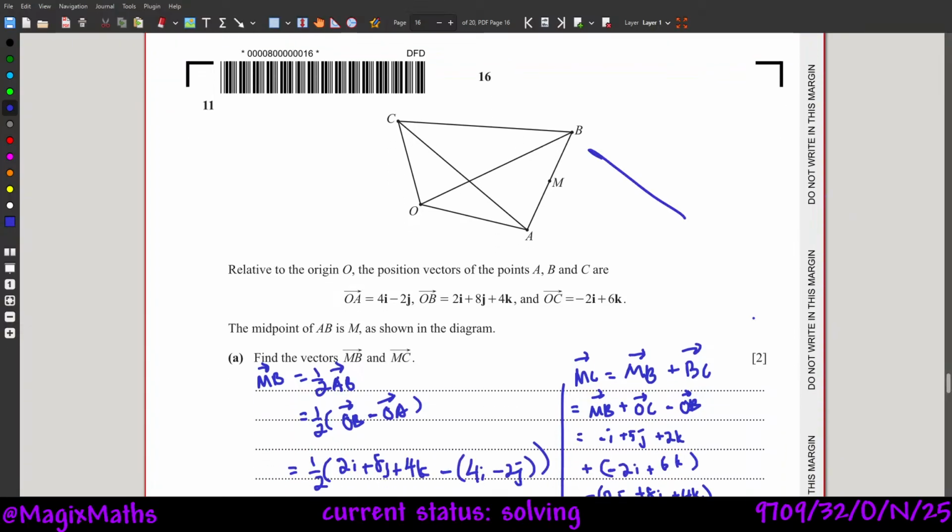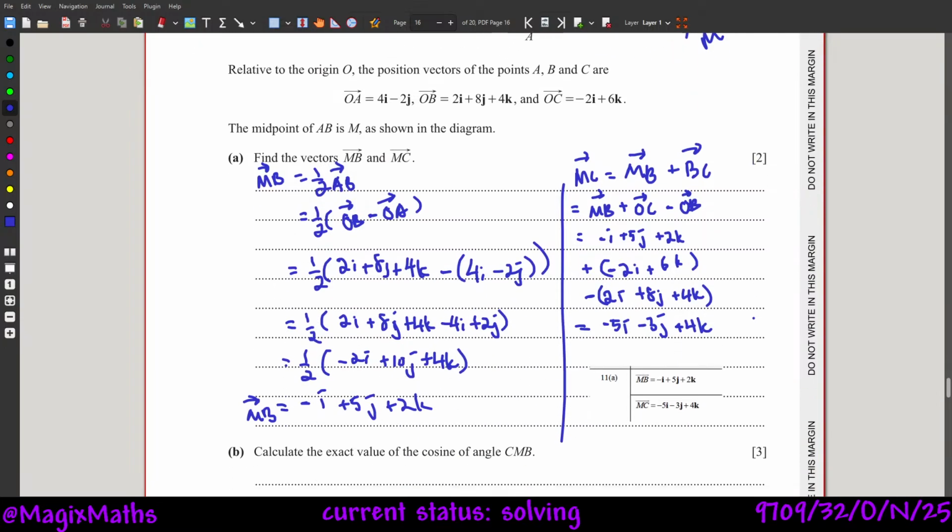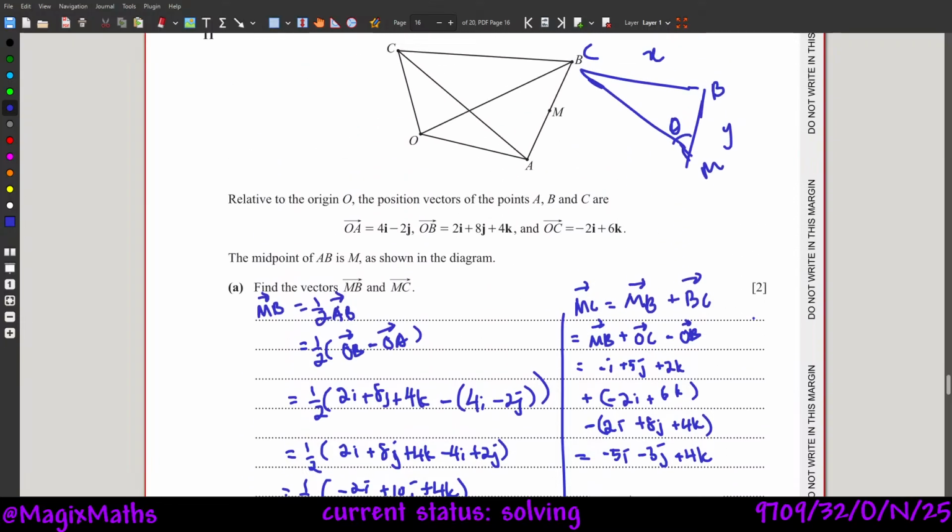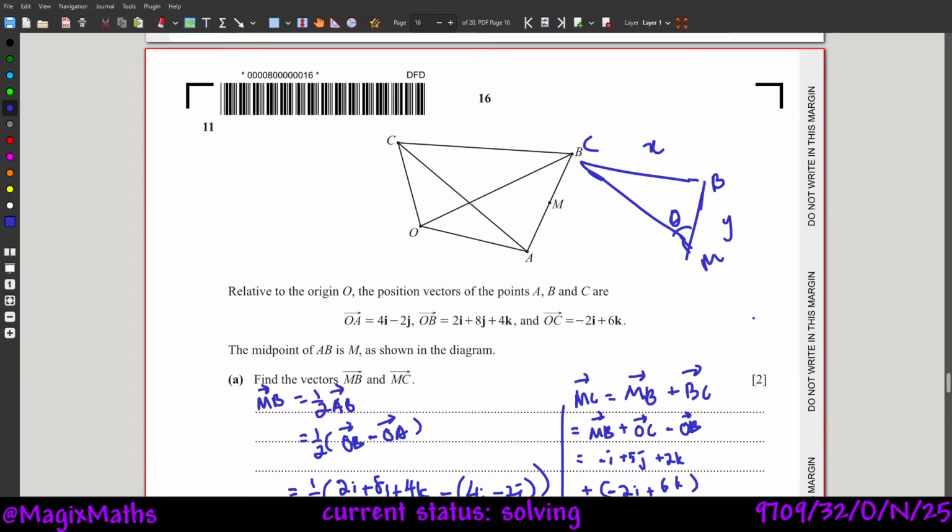So if we redraw this, I'm going to find this. Finding an angle out of two known lengths, are we able to execute that?